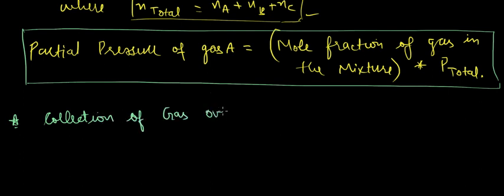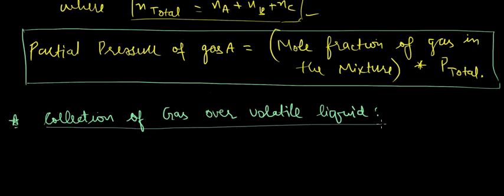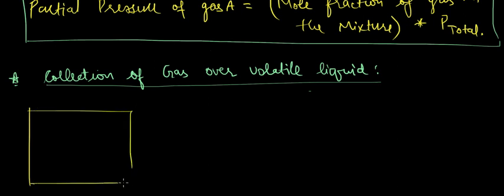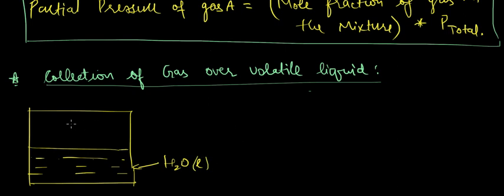So suppose we have this vessel which actually contains H2O(l), and obviously there would be vapor pressure of H2O(l), which is H2O(g), and let's say we also have some dry air present in the mixture.